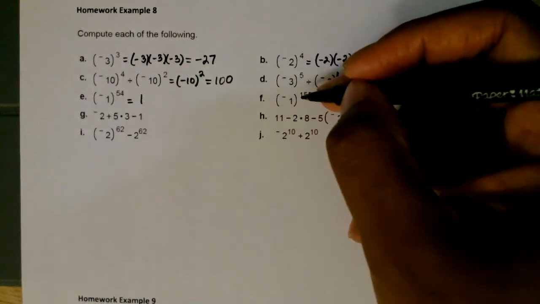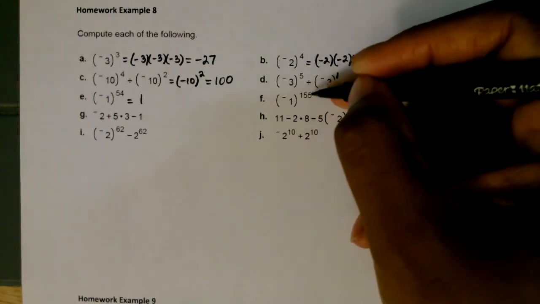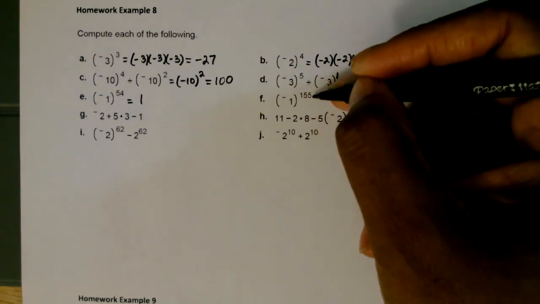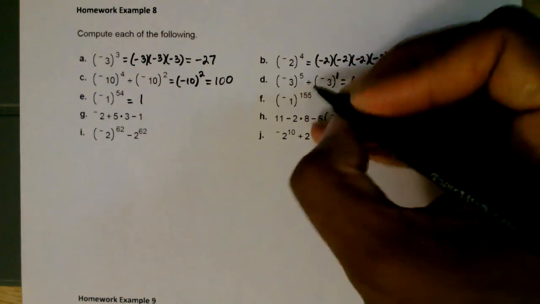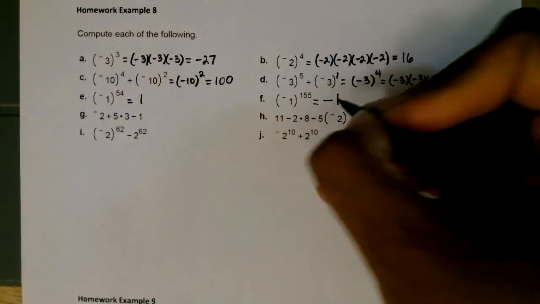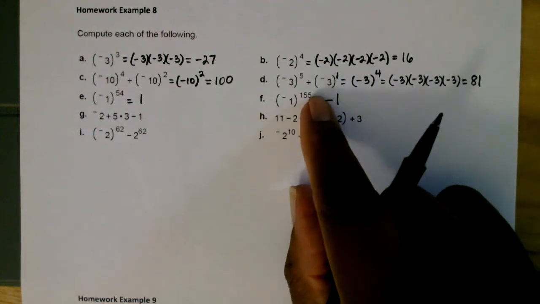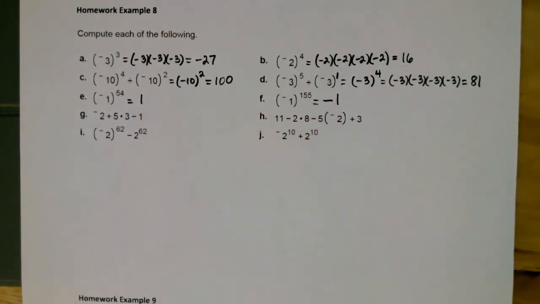And for part F, here we got negative 1 raised to the 155th power. So that negative 1 is to an odd power. That's going to be negative 1. Because 1 to any power would be 1. But the negative 1 is to an odd power, so it has to be negative 1.